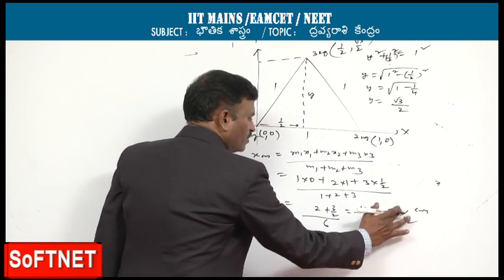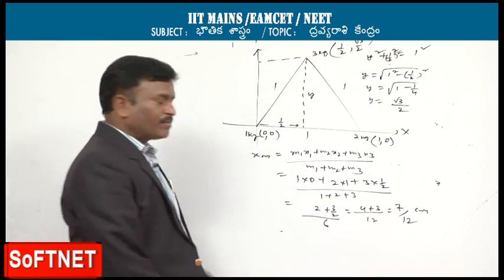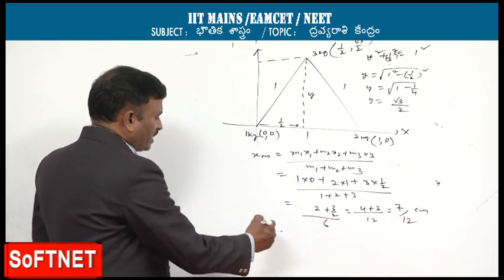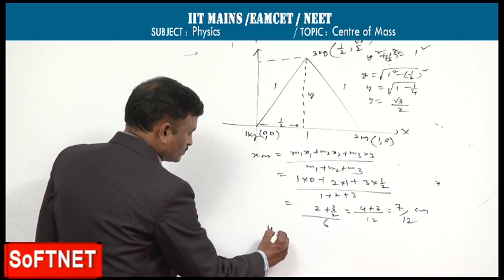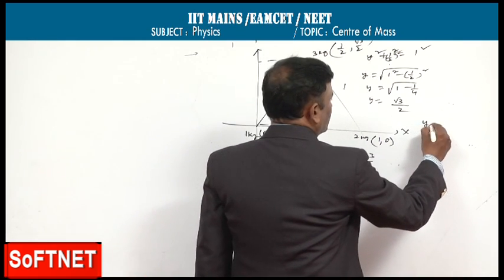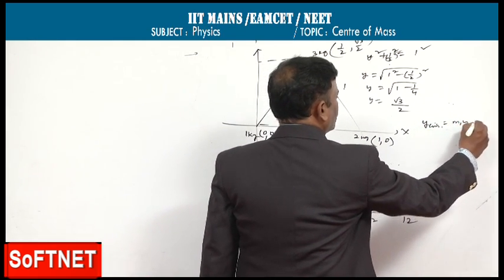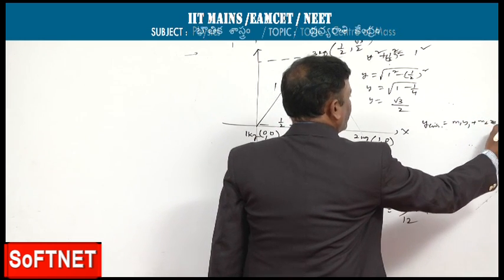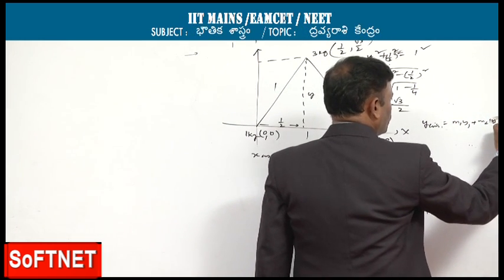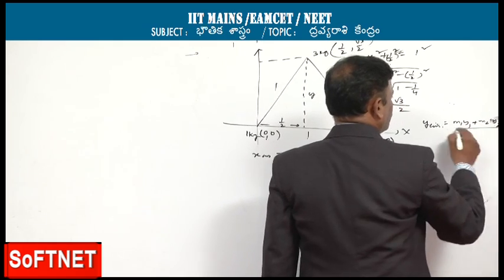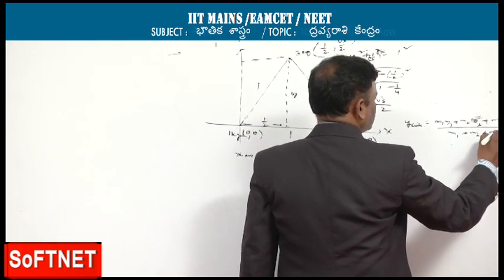Here the value of XCM is 7 by 12 centimeters, and similarly YCM is (m1 y1 plus m2 y2 plus m3 y3) by (m1 plus m2 plus m3).